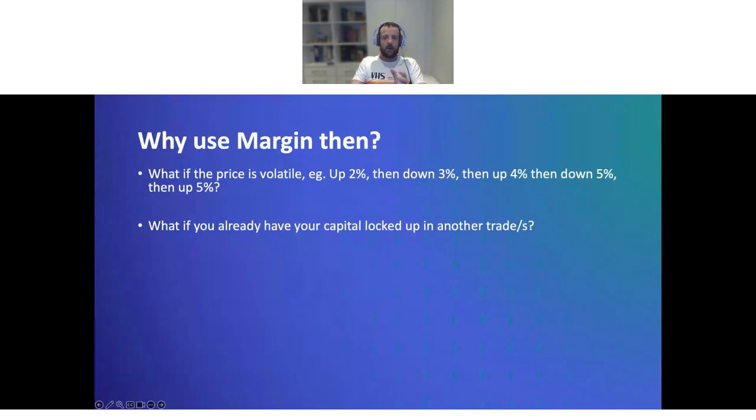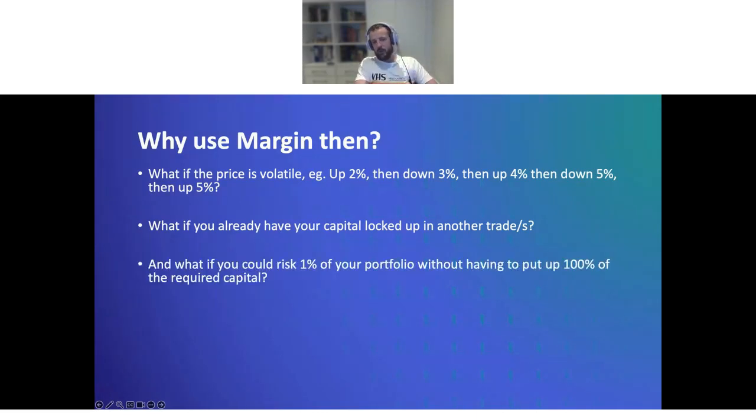Or what if you could risk 1% of your portfolio without having to put up 100% of the required capital? That's really where margin trading comes in. You're able to still maintain your risk to reward, still maintain your risk strategy, without having to commit the entire capital.